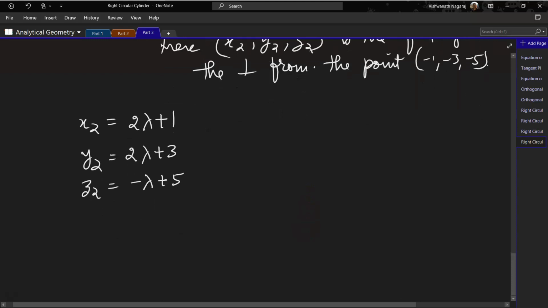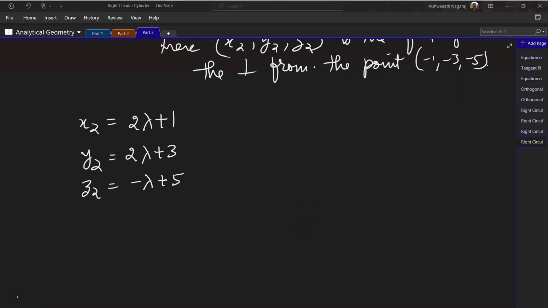So how do we figure out the lambda? Remember, when we have perpendicularity, what is the condition for perpendicularity? The sum of the product of the direction ratios is equal to 0.